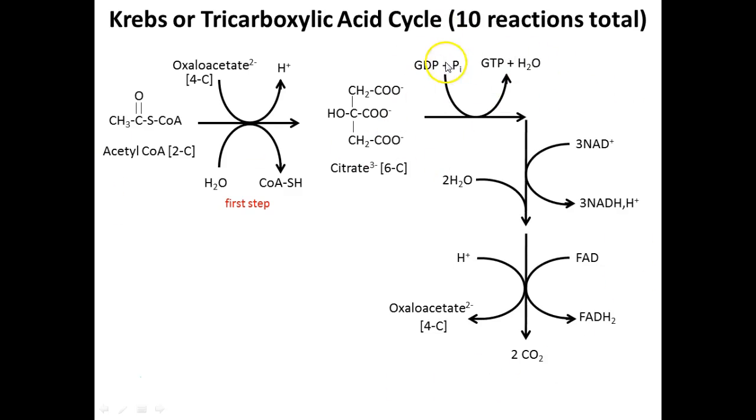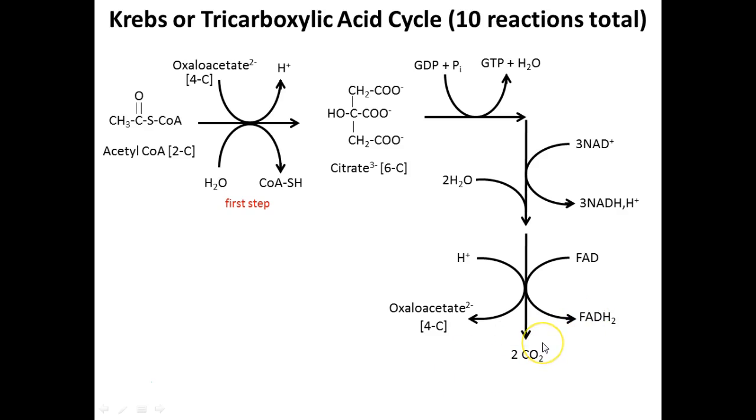So at the substrate level, some more energy can be transferred to the adding of a phosphate to a modified nucleotide. Typically it's GDP. It's just a different base on that nucleotide. It functions very similarly to ATP. And then notice more picking up of electrons. NAD picks up electrons, and another new electron carrier we hadn't talked about yet, FAD, picks up 2 hydrogens.